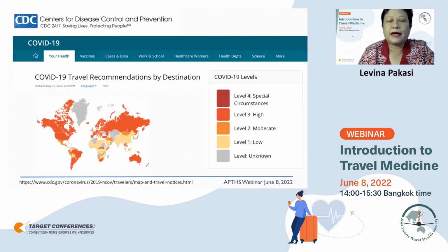This is also a travel recommendation if you're still concerned about COVID-19 on the US CDC site. There are some levels of COVID travel notice, from level 4, very high, to level 1, but there are also countries with unknown level of COVID-19.